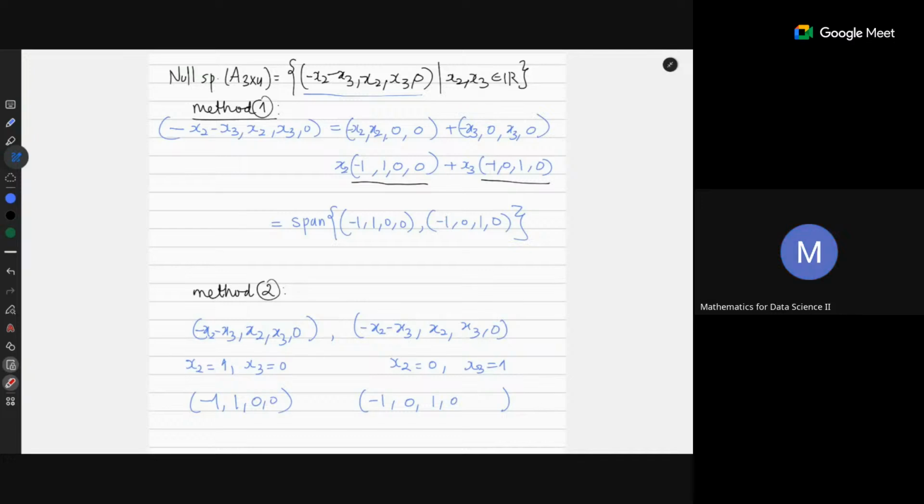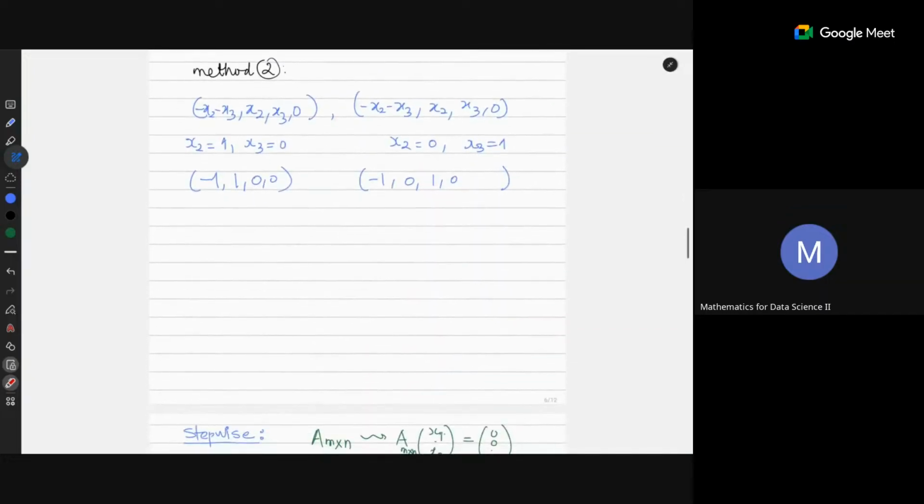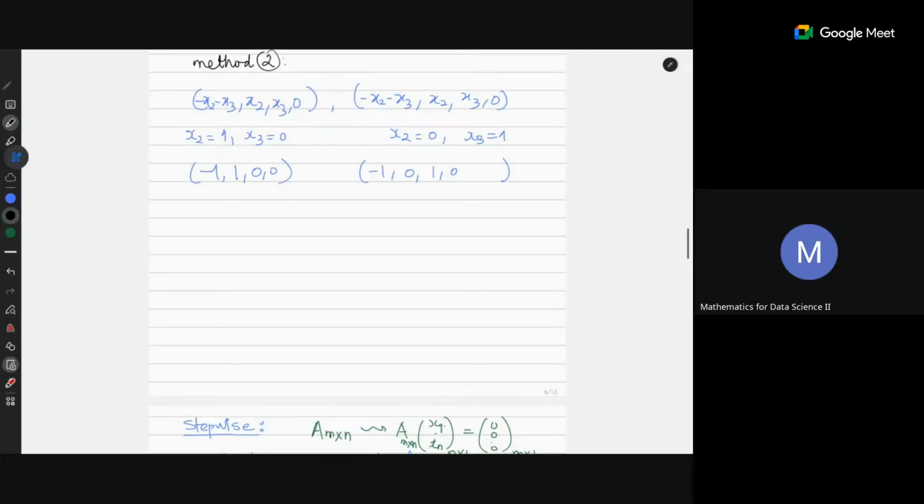Okay. Let me quickly give an exercise. Suppose the null space of some matrix A, which is let's say 3 cross 5, is given by this form. The general vector is like this: x1, x2, x3 minus x4, x3, x4, 0.